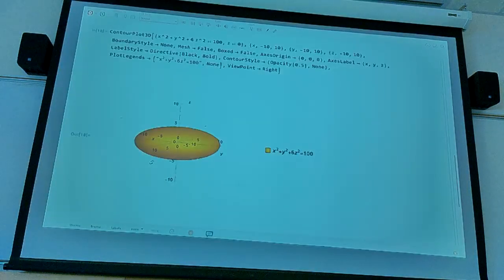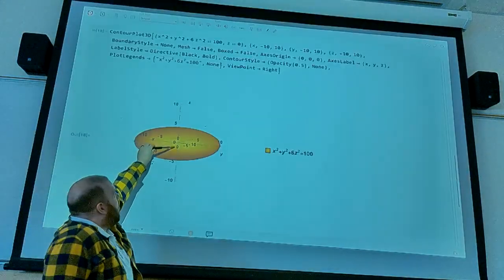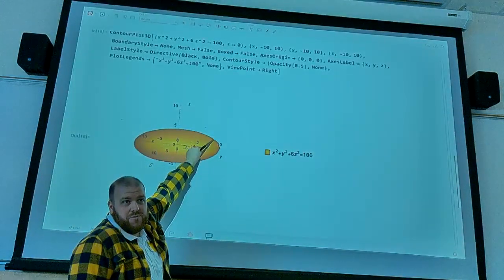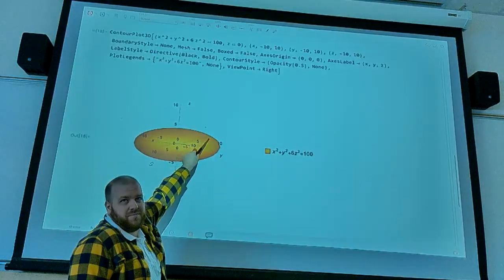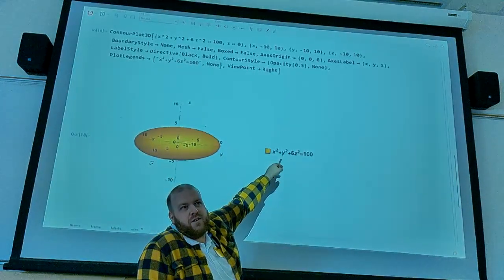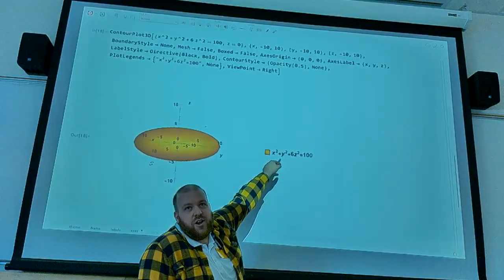No, rho's distance from the origin to the point. So it goes from 0 to the function. Write that in terms of spherical and solve for rho.